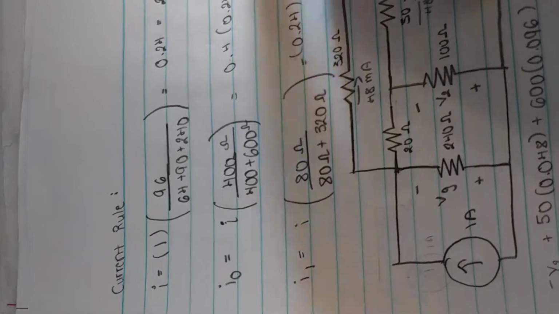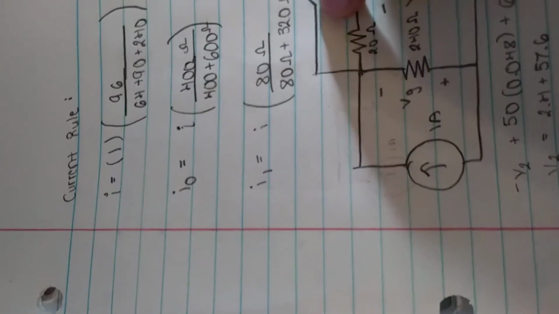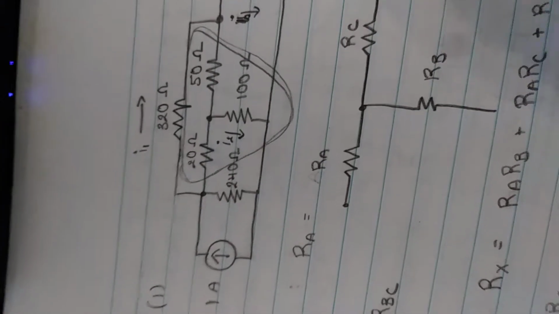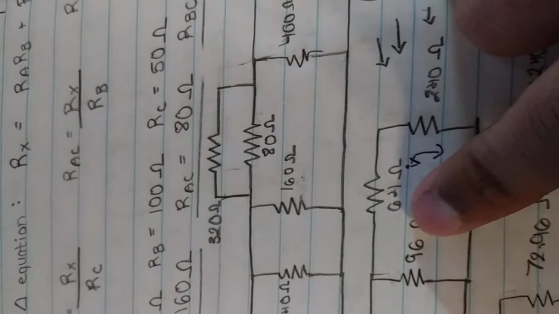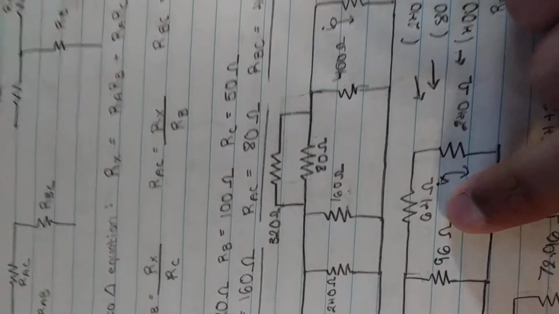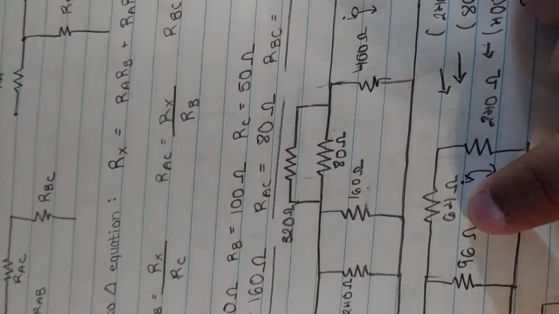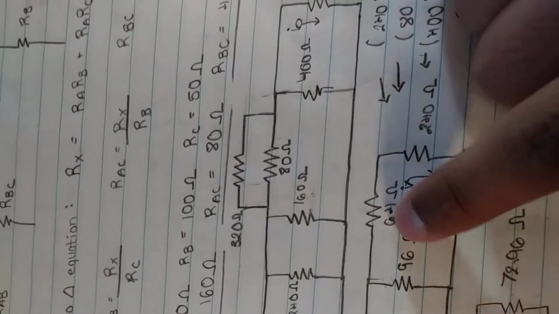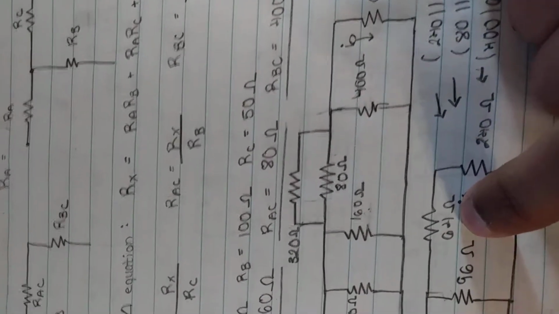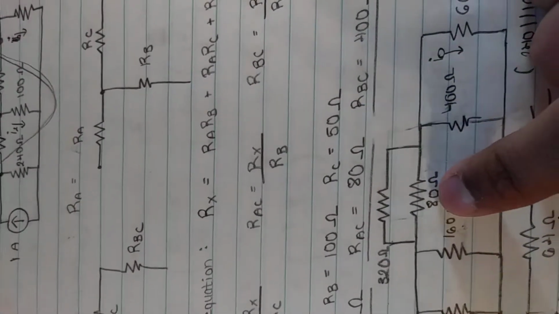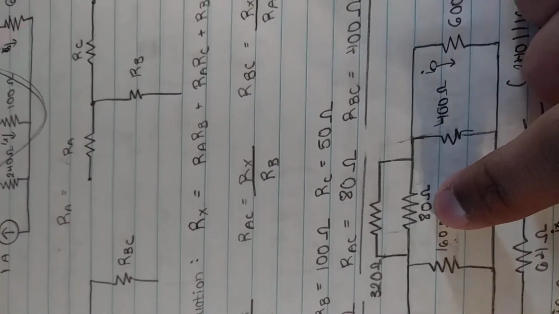And then you go to I1. I1 was the current through the 320 ohm resistor. If you see, the 64 ohm still has the same current. We calculated 240 milliamps, right? Because 240 milliamps goes through these two resistors. So the 64 ohm resistor is actually a combination of the 320 and 80 ohm resistor in parallel.